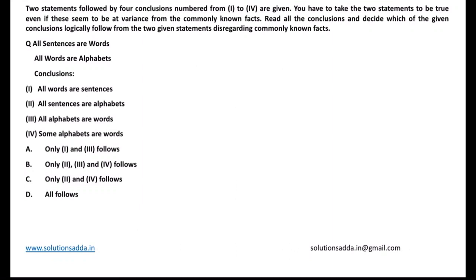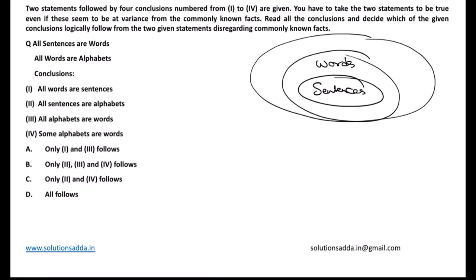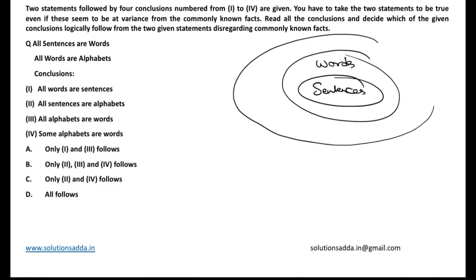All sentences are words. And all words are alphabets.